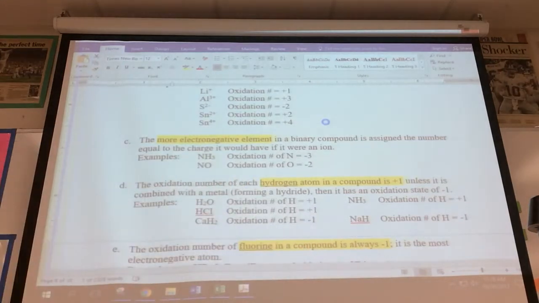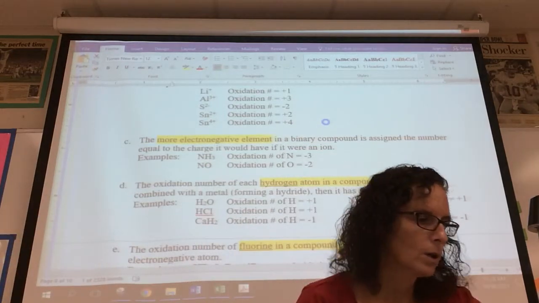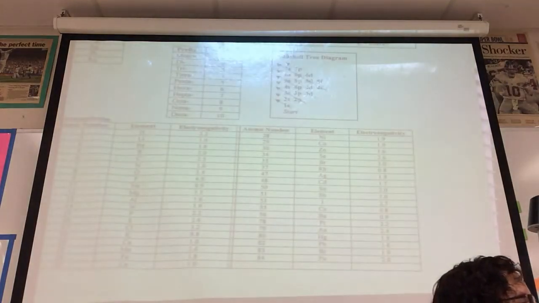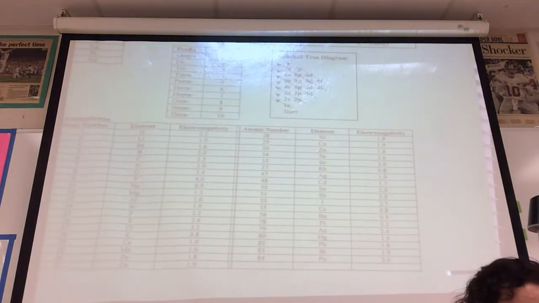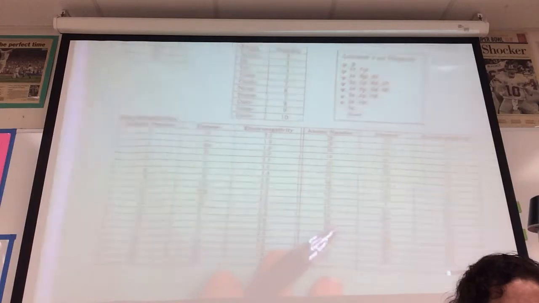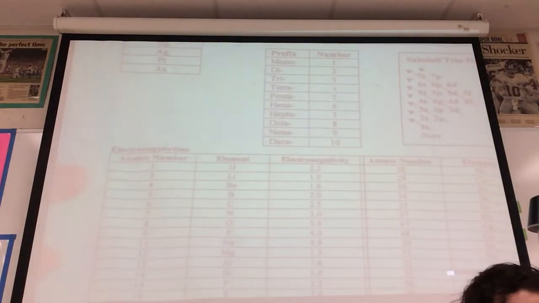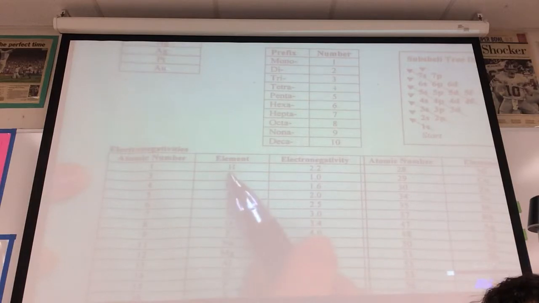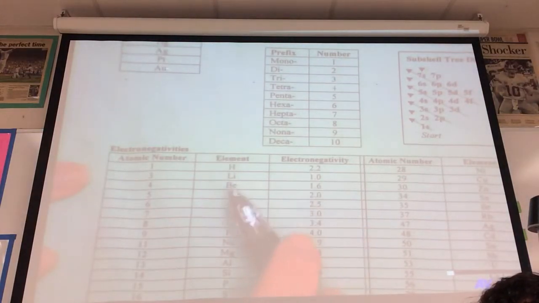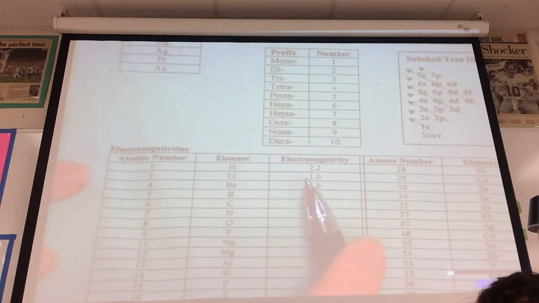So if you look at the back of your periodic table, you will see electronegativity values. I apologize, I wanted to pull this right off the screen. I know there's a glare with this. Electronegativity of hydrogen is 2.2, lithium 1.0, beryllium 1.6, boron 2.0.